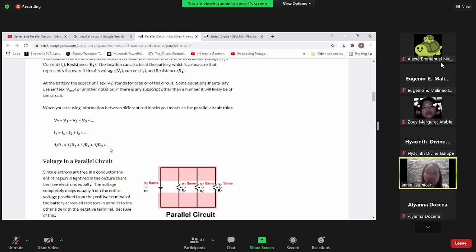Kasi ang resistance matika guti man, di ba? Same la ang voltage. Kay ang resistance gumuti, ang current mahataas. Okay, ma-increase siya.